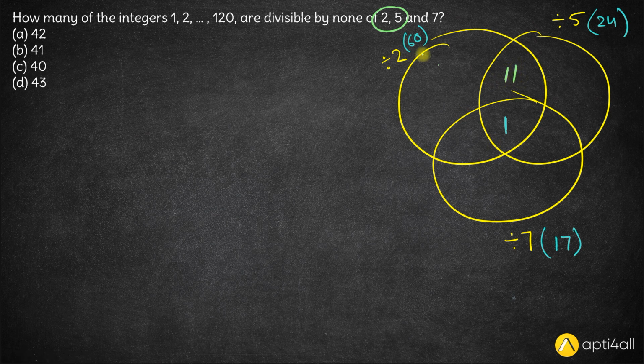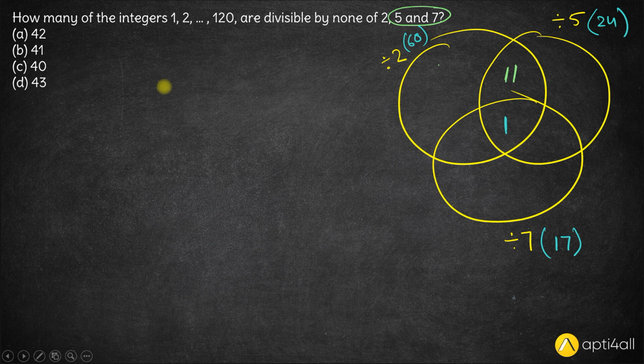Next, let's calculate how many of these numbers are divisible by 5 and 7. We are not bothered about 2. Numbers divisible by 5 and 7 will also be divisible by the LCM of 5 and 7, which is 35. So 120 upon 35 is effectively 3.